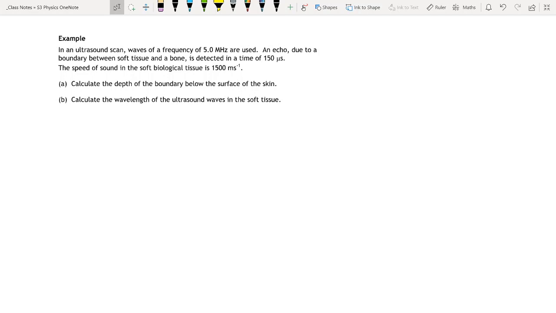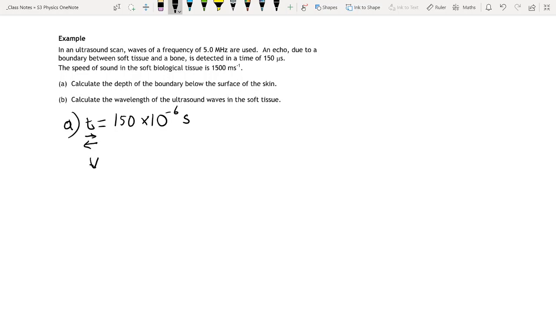Okay. So first of all, calculate the depth of the boundary from the surface of the skin. So we know that it has taken 150 microseconds to go there and back. We've got an echo there and back. So time taken to go there and back is 150 times 10 to the minus 6 seconds.